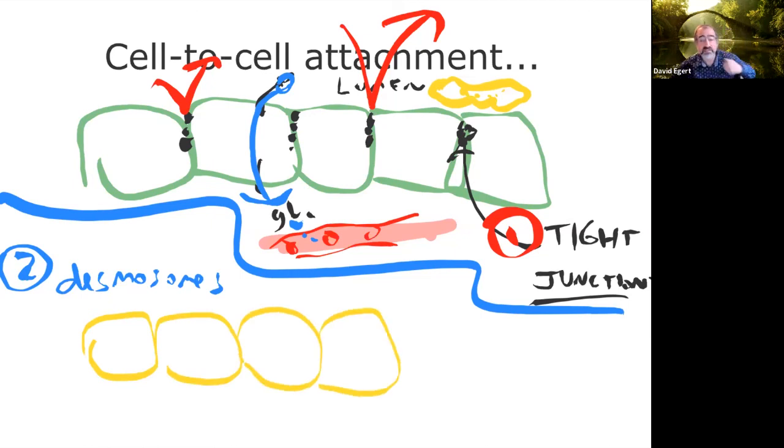Especially in cells where there's a lot of physical force yanking on them, and you want to make sure they don't pull apart, like the skin cells. You don't want to scratch your skin and have your skin just shred up. You want those cells to really hold on. Your heart muscle is pulling really hard to push your blood through your body. You don't want the walls of your heart tearing apart under the stress and the pressure.